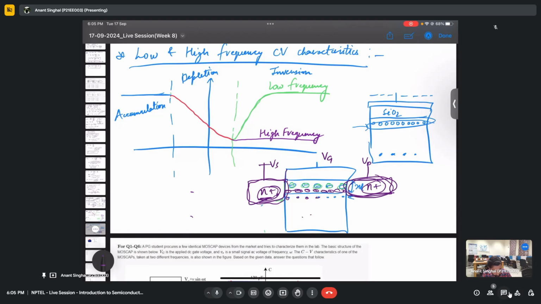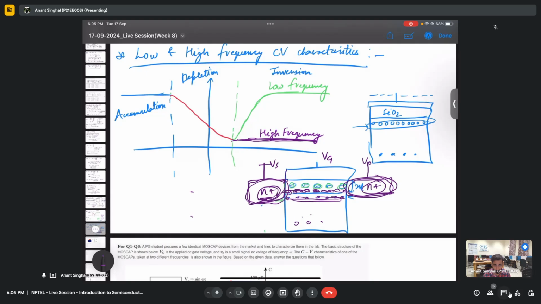I'm saying that if we apply a very high frequency, these minority carriers will not be able to form the inversion layer, and that is why the capacitor will think that it is still in depletion, and the capacitance will not increase further. But if I have these buckets, these electrons will readily go into the channel, and the capacitance will go up again. It is not dependent upon the frequency now. So this is the beauty of a MOSFET.